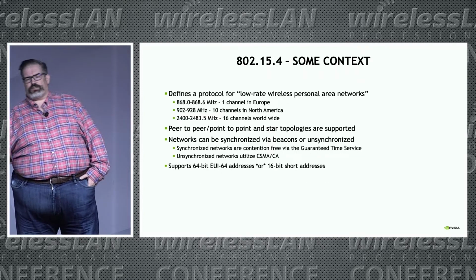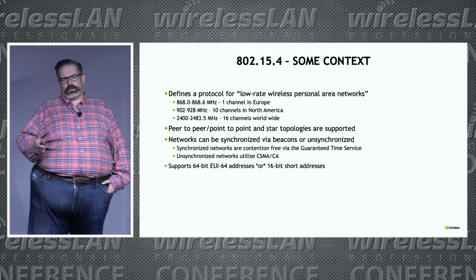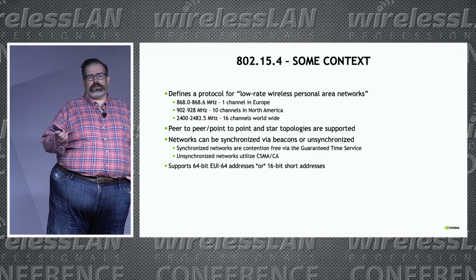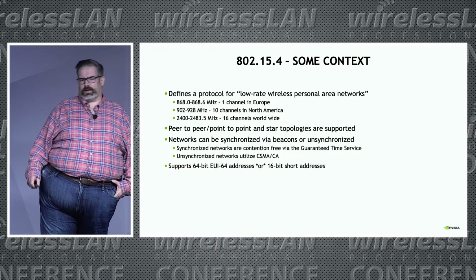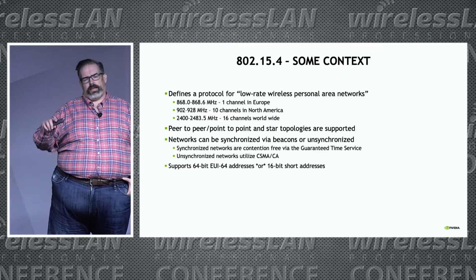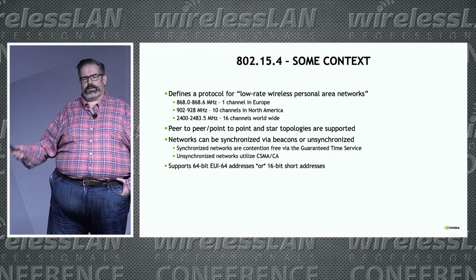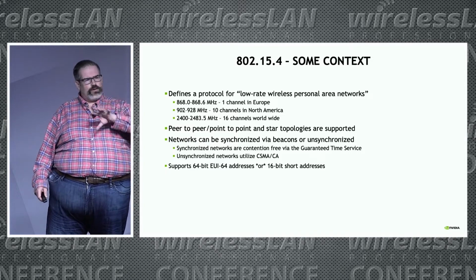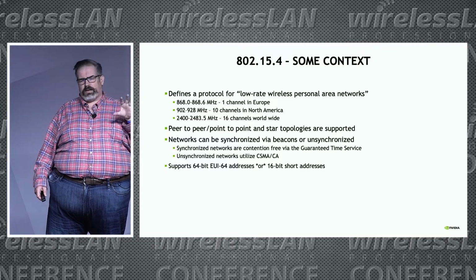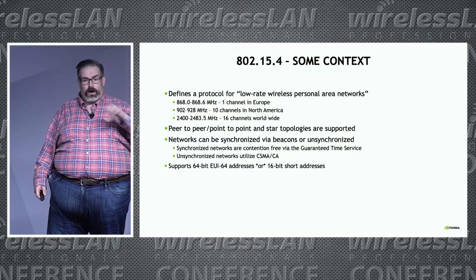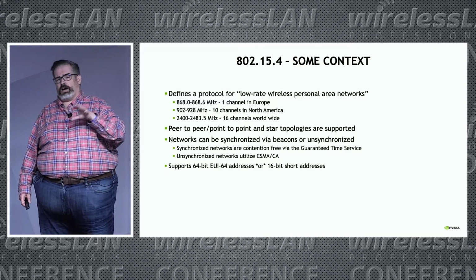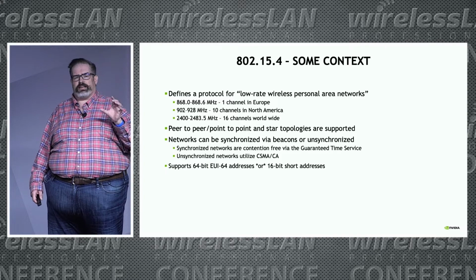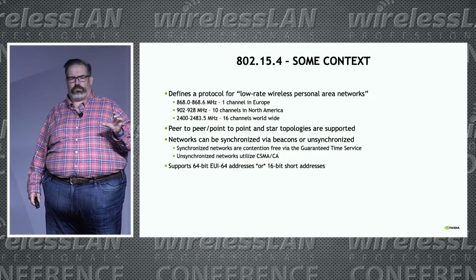Quick reminder about 802.15.4. It is a low-rate wireless personal area network protocol. There's one little weird channel in Europe. I don't even know what's up with that. That's just kind of insulting, I would think, if I would live there. And then about 10 channels in 900 megahertz land and 16 channels in 2.4 gigahertz. They do peer-to-peer or point-to-point type technologies as well as a star topology. One thing that's really cool is they can be synchronized or unsynchronized, and in synchronized networks, they have a guaranteed time service that gives you a contention-free window to send super frames.